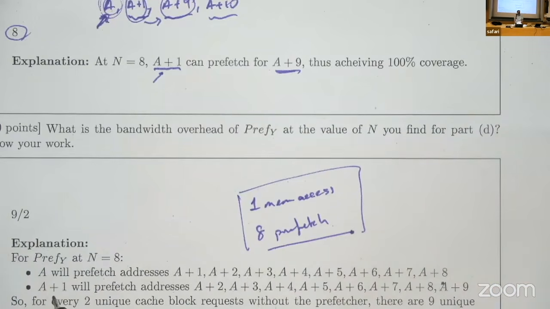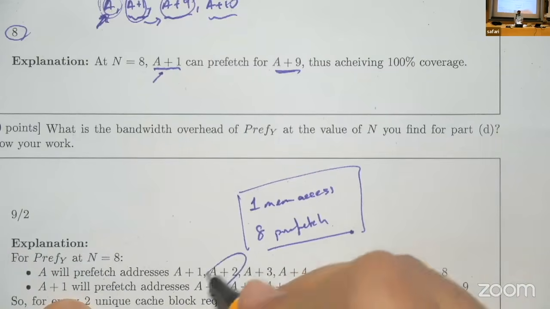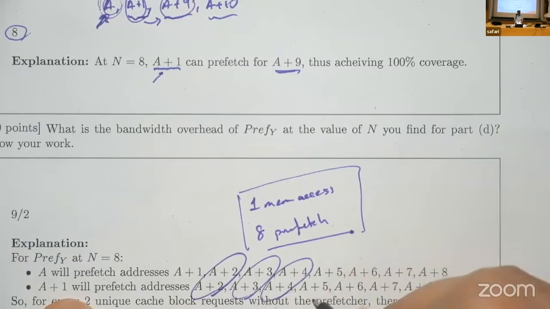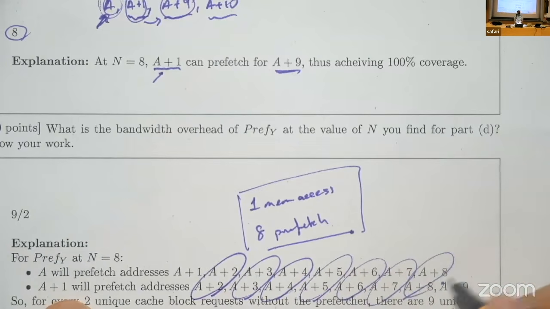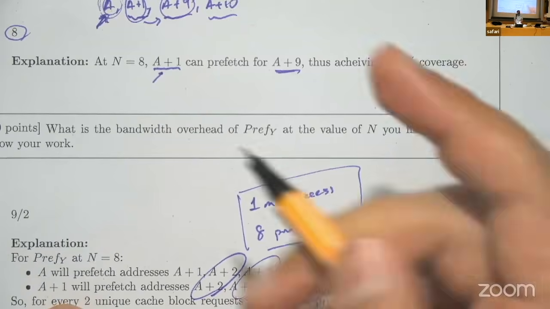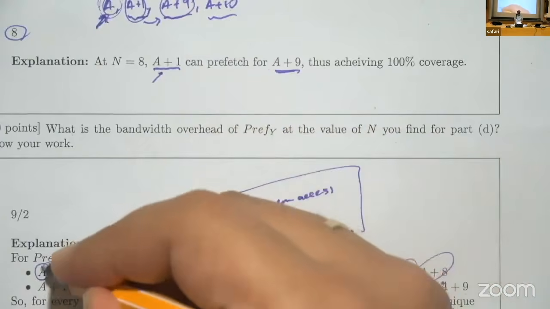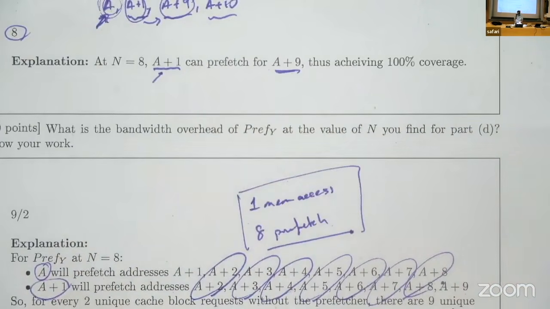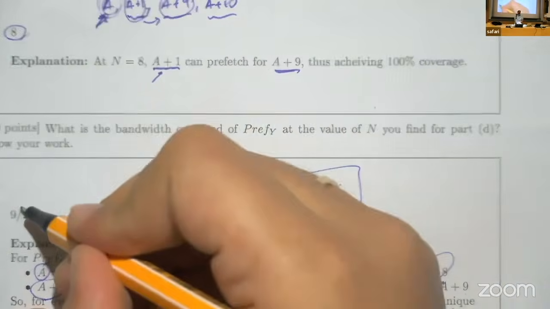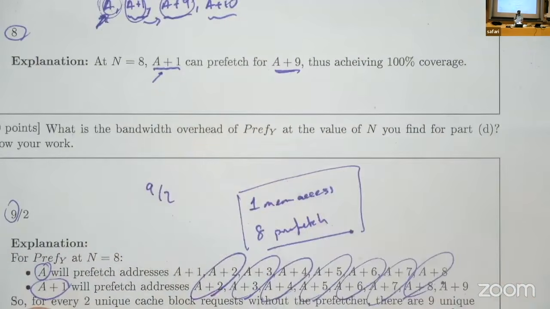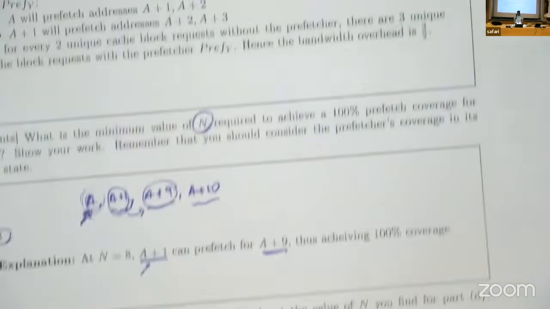Then once you have the A+1 access, this will create prefetches for A+2 to A+9. Some of these will not be repeated because these are the same addresses. So when you simulate this particular access pattern, when you access 2 different locations, you will end up having 9 accesses. So it's 9/2, and this is the end of this question.